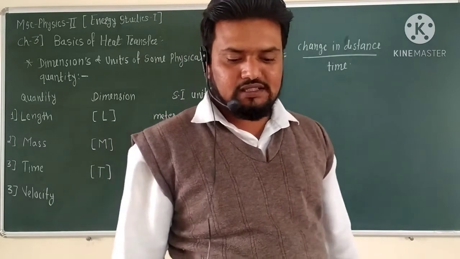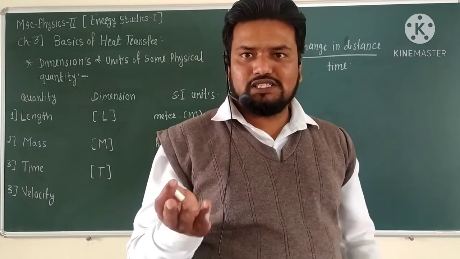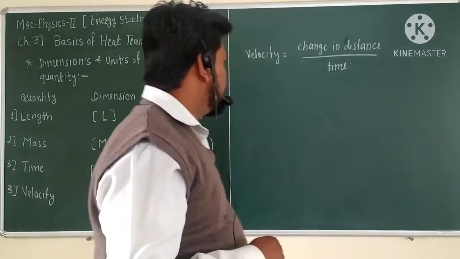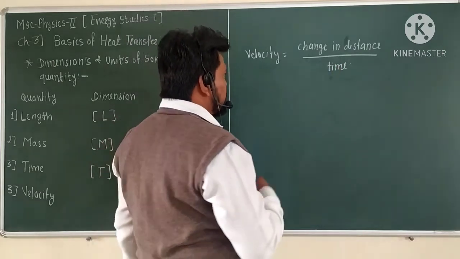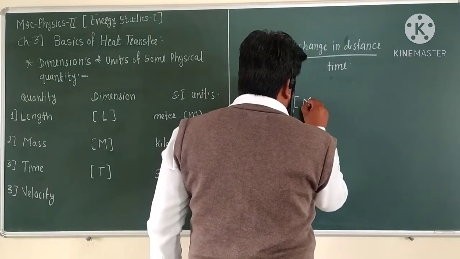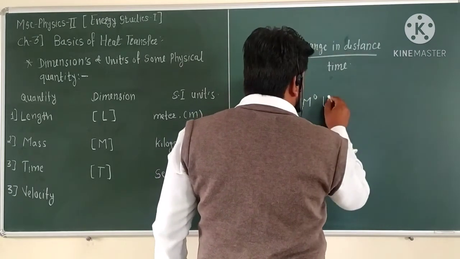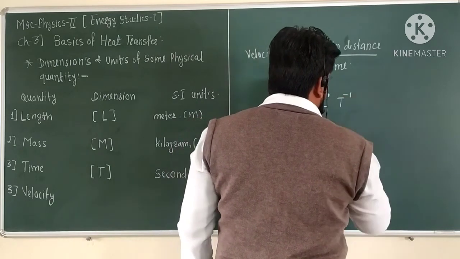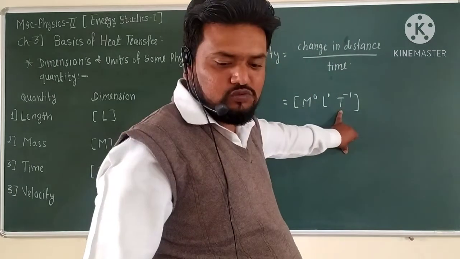Its dimension is M power 0, since there is no mass, L power 1 for the change in distance, and T power minus 1 for time.